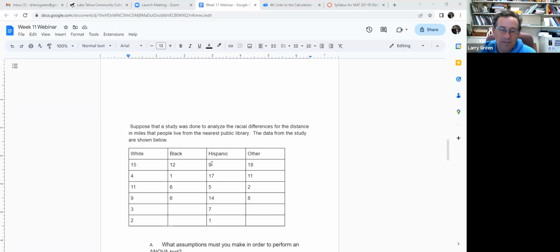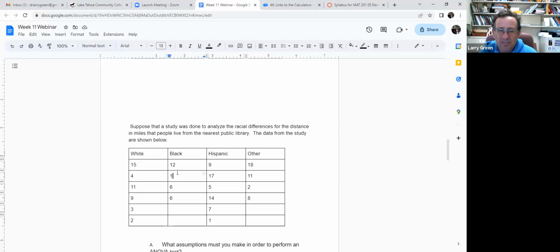So for example, the first Hispanic person said, I live 9 miles from the nearest public library. The second Hispanic said 17. The first Black person said, I live 12 miles, and the next lived only 1 mile away. That is an example of a study that could be done. You can imagine a study like that, and that kind of stuff is done all the time, by the way.